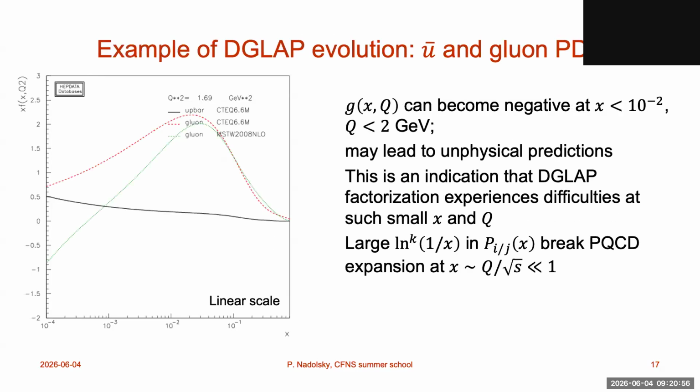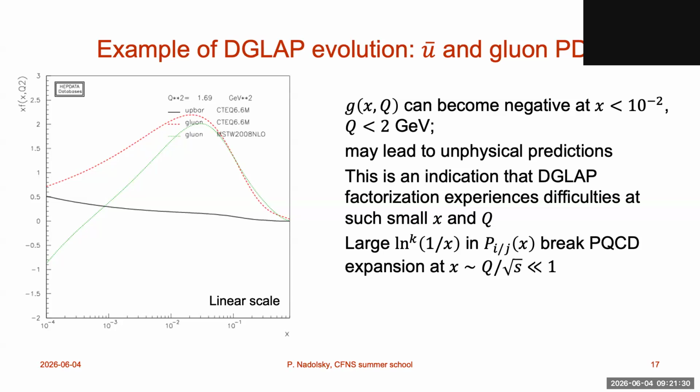Okay, now let's look at the other PDFs. For example, here is the PDF for ubar and the gluon from two different sets, CTEQ and MSTW. As you see, ubar at small scale behaves relatively flatly. But for the gluon at small scale, in this case 1.3 GeV, you see very strange behavior where the gluon can even go negative.